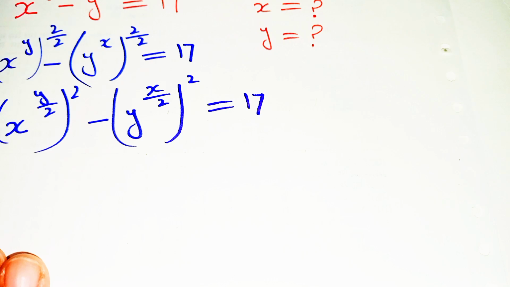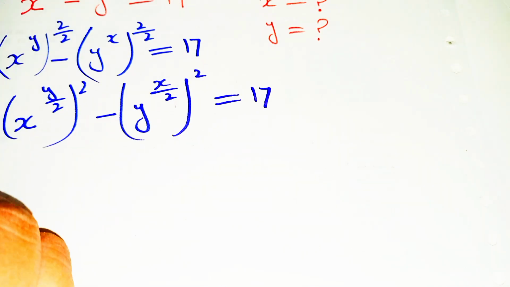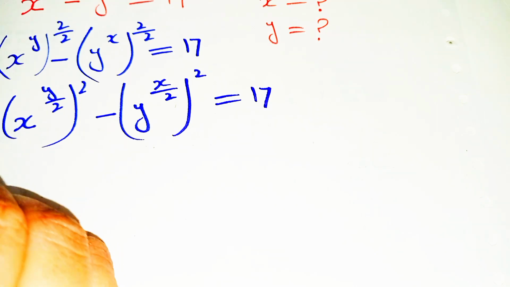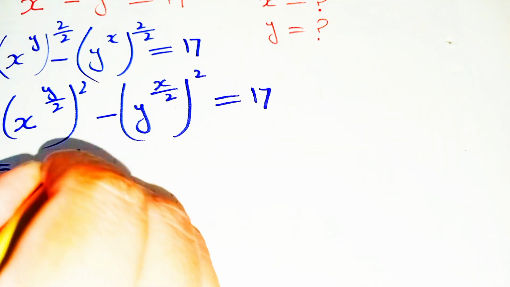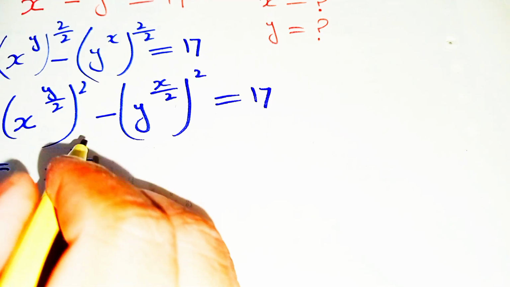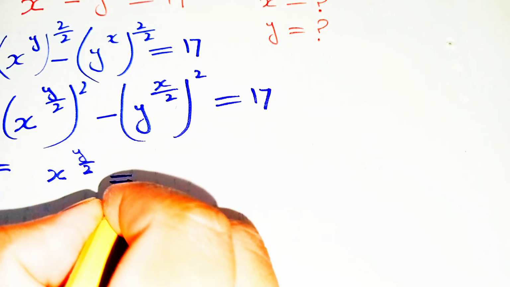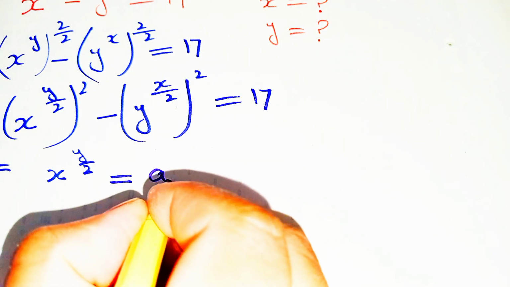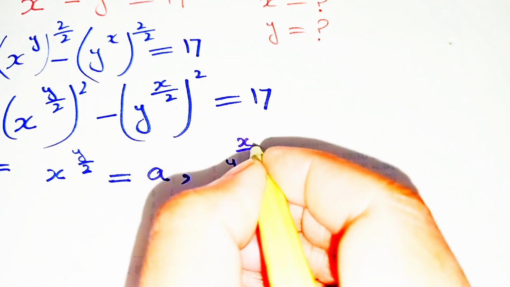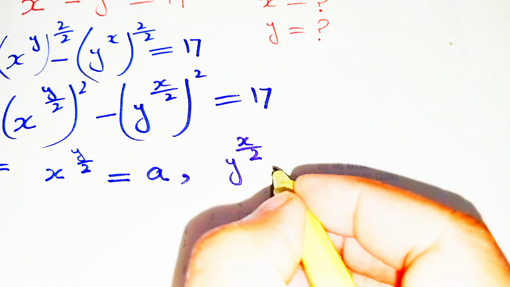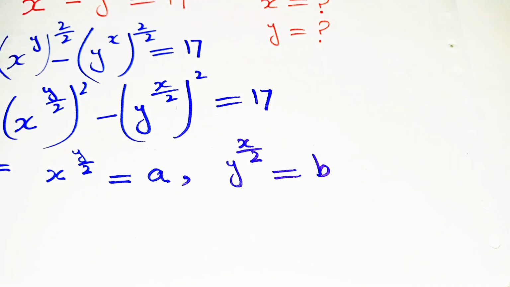Now let x to the power of y over 2 be a, and y to the power of x over 2 be denoted by b.